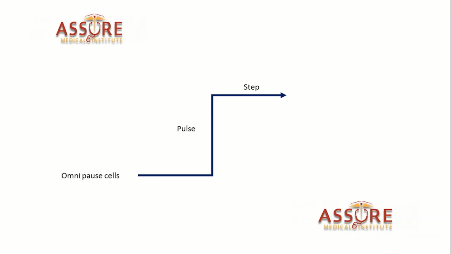Omnipause cells, which are generally inhibitory to the burst neurons so that there cannot be any spontaneous burst, and then burst neurons and neural integrators. The burst neurons produce the pulse, and the neural integrators are responsible for the step. Pulse means reaching the object of interest; the step is to maintain that position based on the elastic recoil and other resistant forces in the eye.